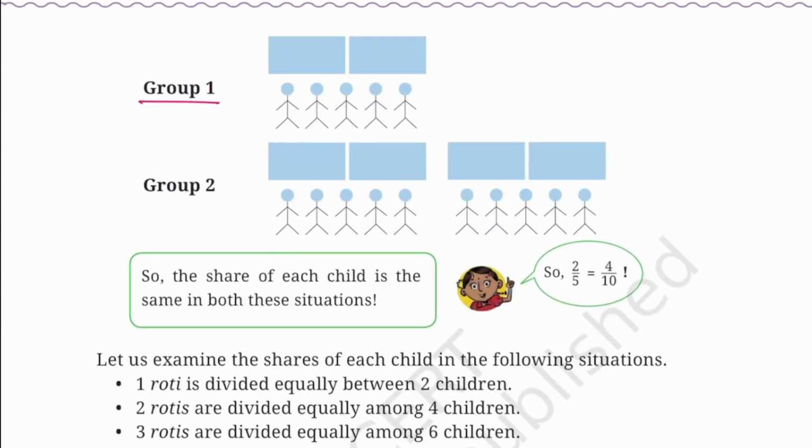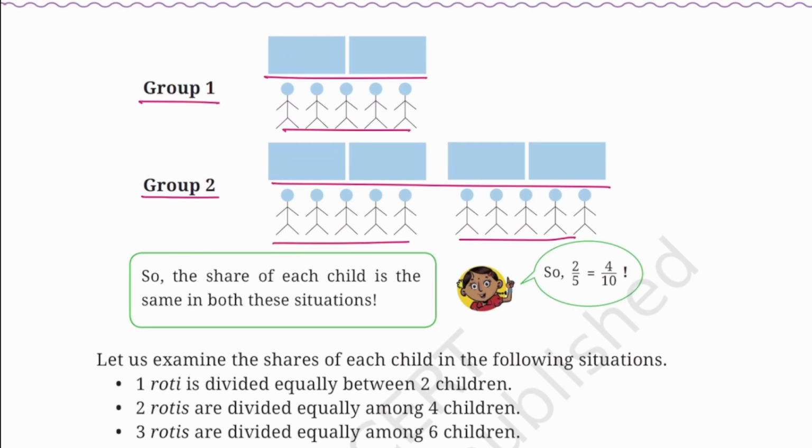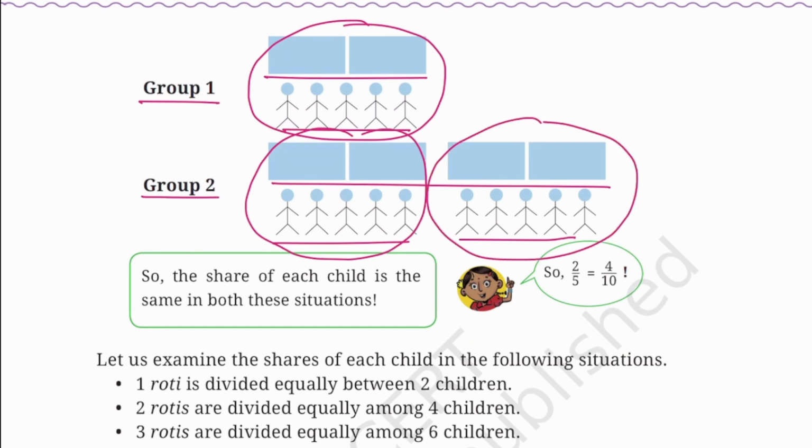In group 1, 2 cakes to be distributed in 5 children. In group 2, 4 cakes to be distributed in 5 and 5, 10 children. You can see the same arrangement could be made in group 2. So each child's share will be 2 upon 5.